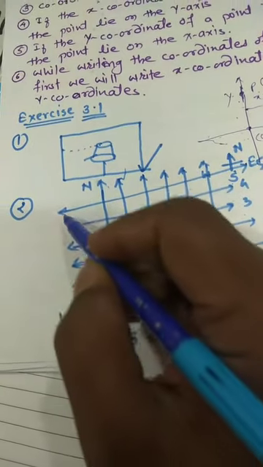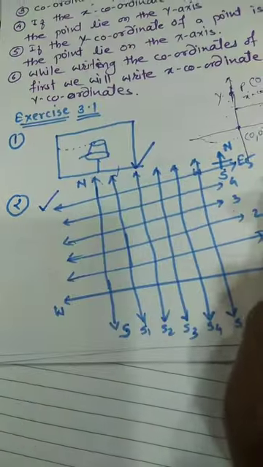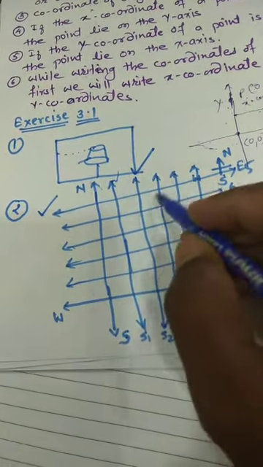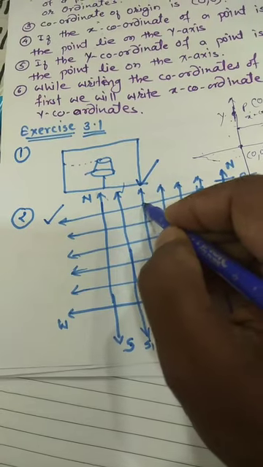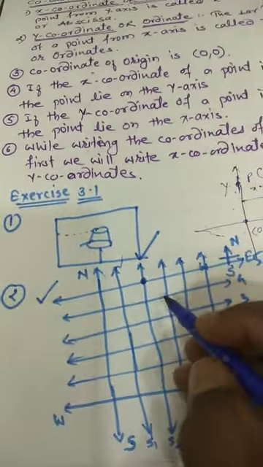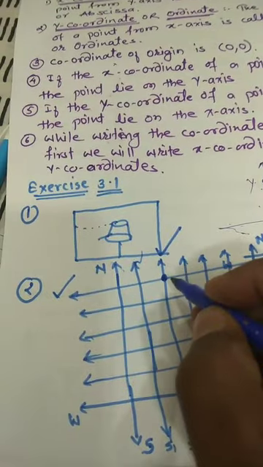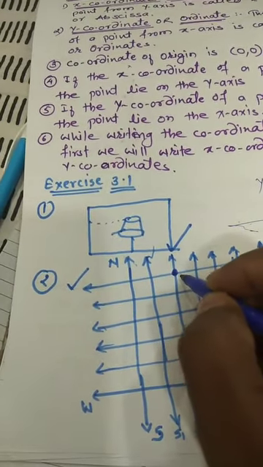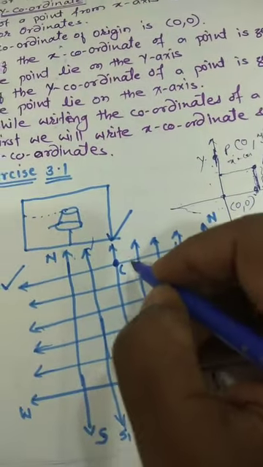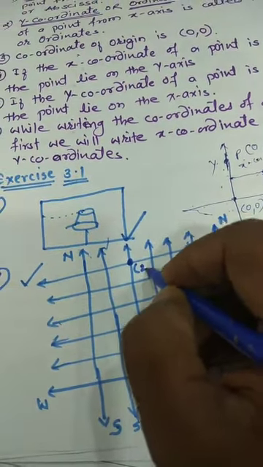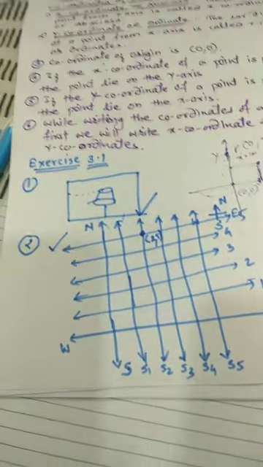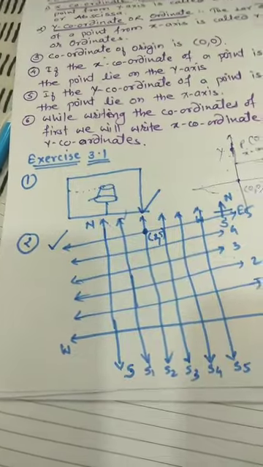So this is the 5th street in the east-west direction. See, both the streets intersect each other. So this is the crossing. What is the coordinate of this crossing? It is given as 2, 5. 2, 5 means first the x coordinate, then the y coordinate.